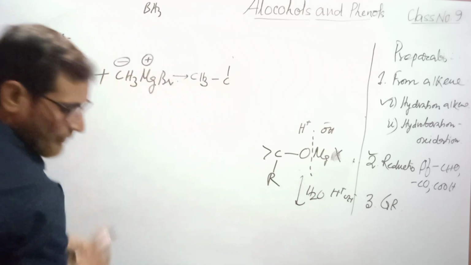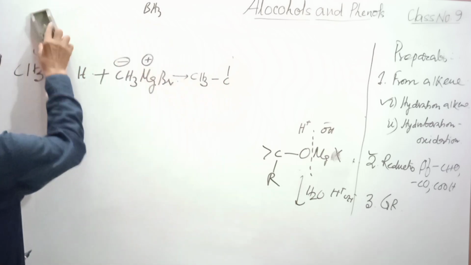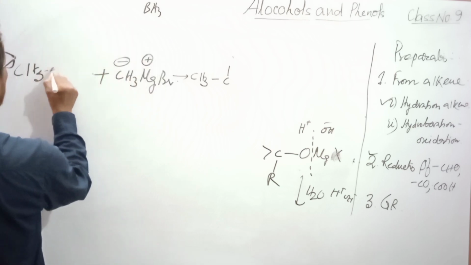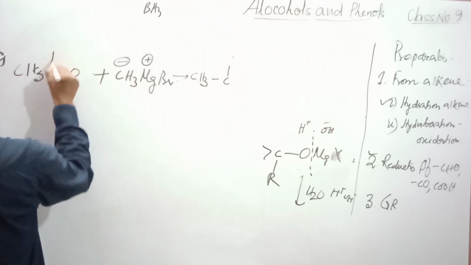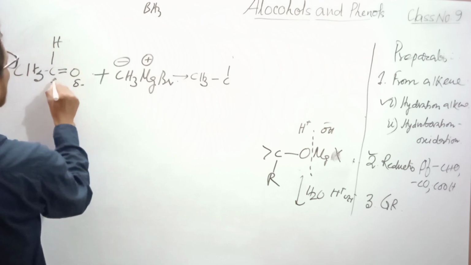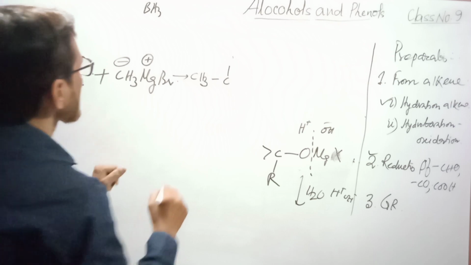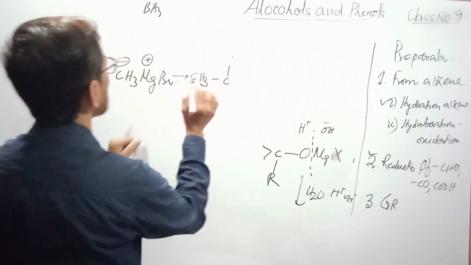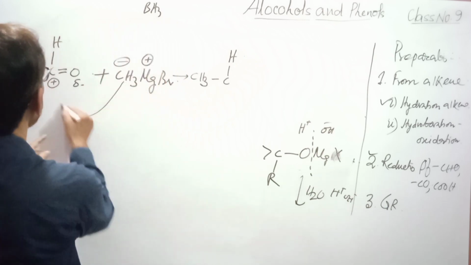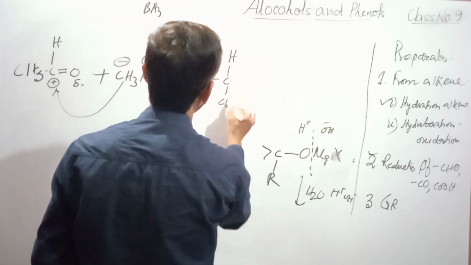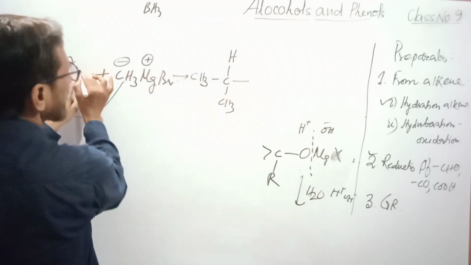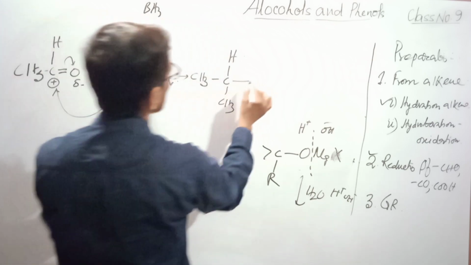So one thing you do for your convenience, you make the aldehyde C double bond O here and H here. So here you are getting the negative part, here you are getting the positive part, polarization. So here is CH3, here is H, and that part will come here, that is CH3, and O is here, negative. Am I right? Negative will get attached with the positive.